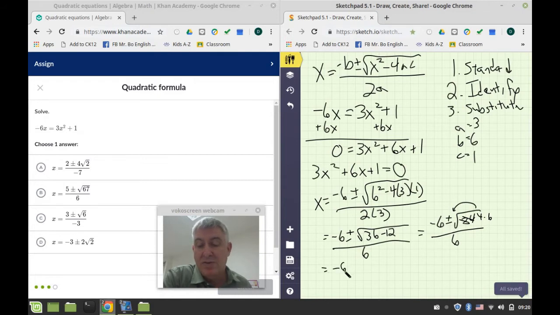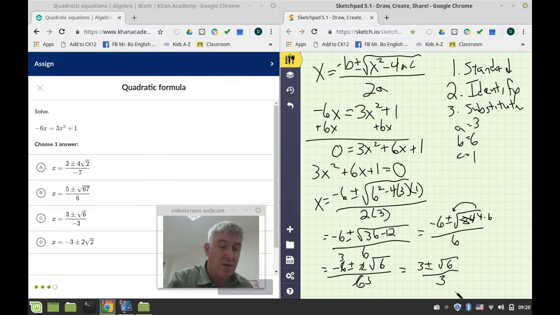So negative 6 plus or minus 2 square root of 6 all over 6. So now if I factor out the 2 here, I'll get negative 3, and I'll get 3. Okay. So I'm left with 3 plus or minus square root of 6 all over 3.